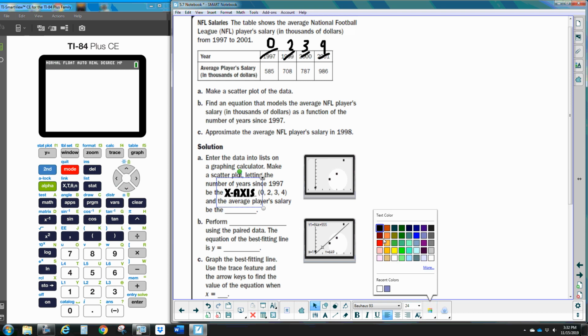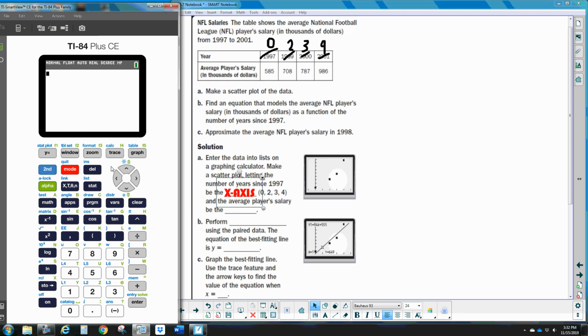So to do that, let's go into our graphing calculator, and we're going to press this Stat button, and it brings us to this menu, and we want to edit. Okay, so I'm going to choose option number 1. And I'm going to clear the data that's already in there.